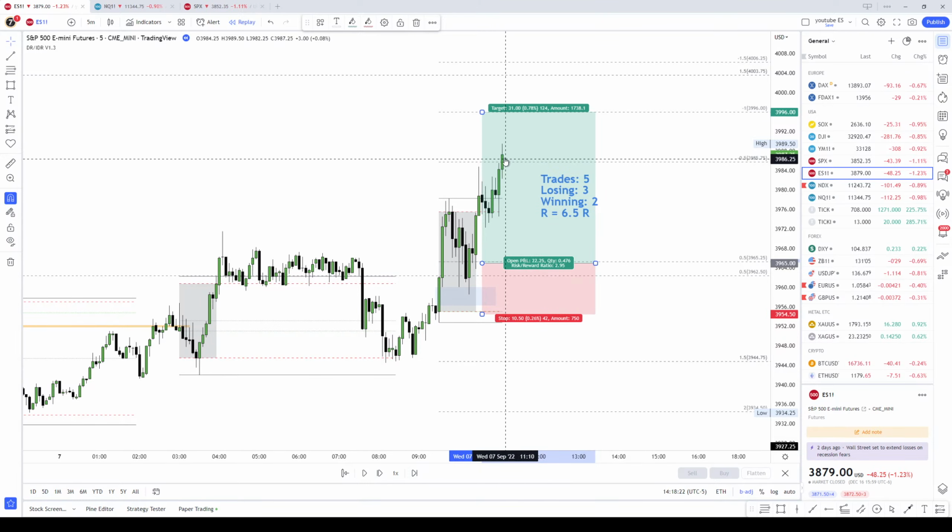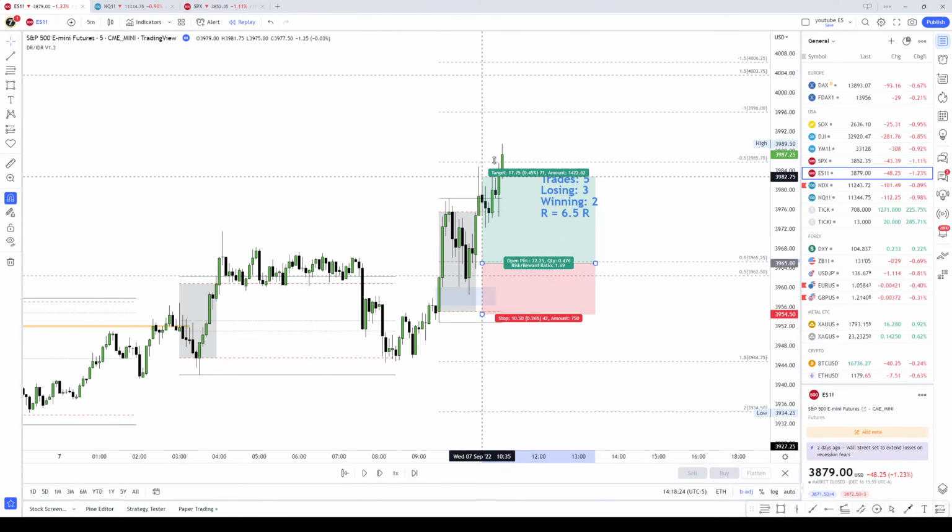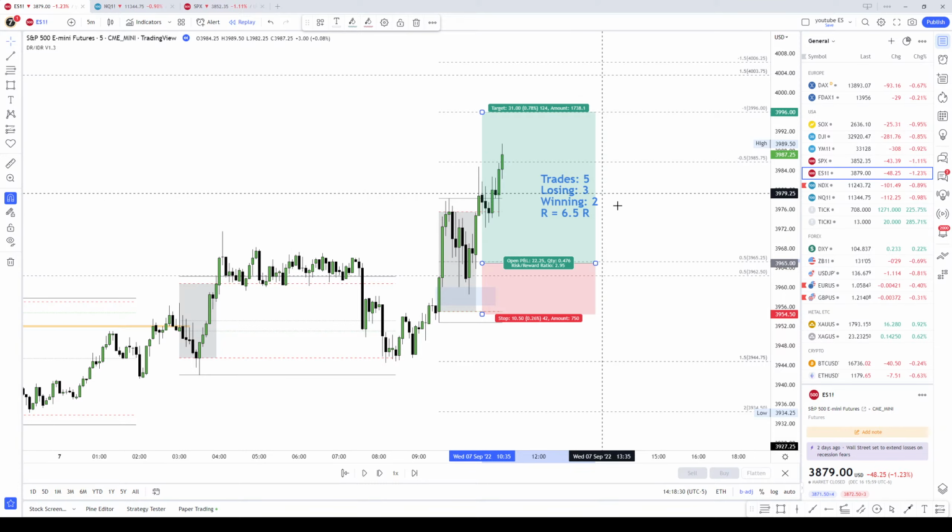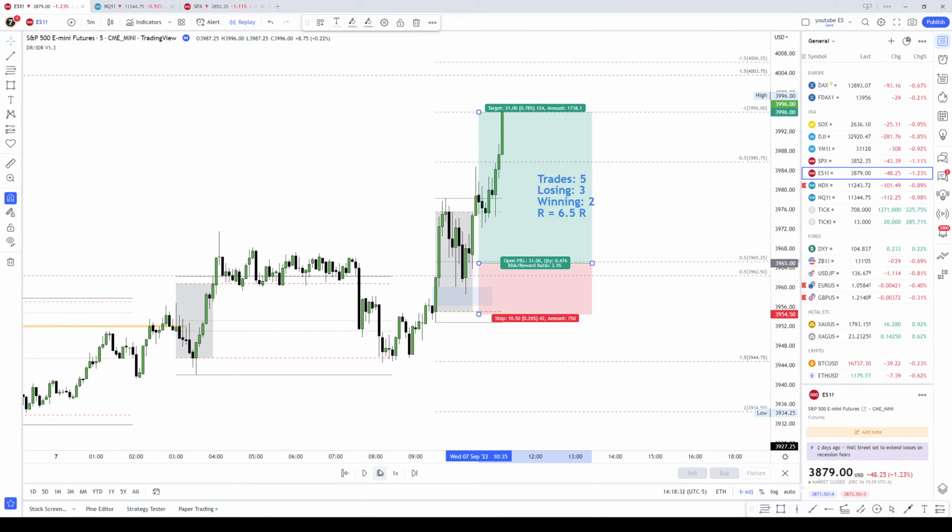So partial one would be taken here, half of my position. So that would be 1 R already taken. And immediately afterwards, we will take the next one. It's taking it. So 1.5 plus 1 plus 0.5.